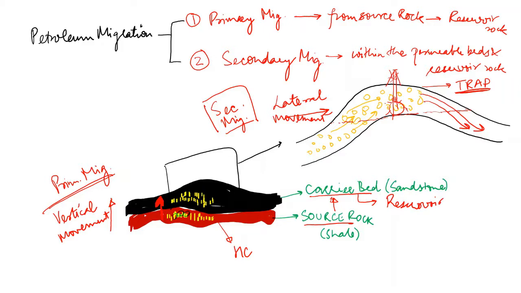Now, what are the features or factors that cause this primary and secondary migration? We'll see that a little later. But whenever we talk about petroleum migration, a number of questions arise. What are the basic questions? The basic questions that arise in concern with the primary migration.